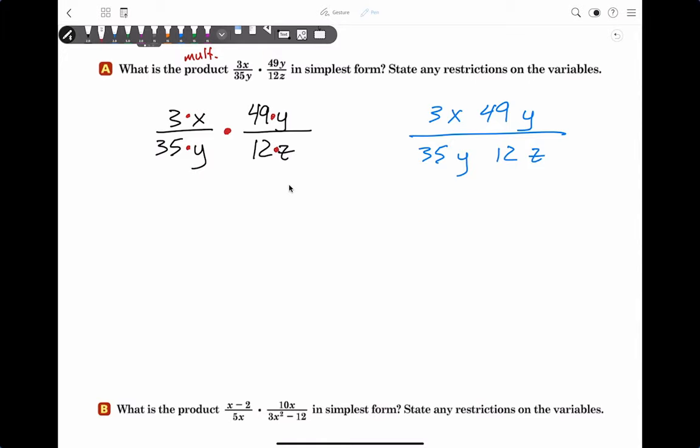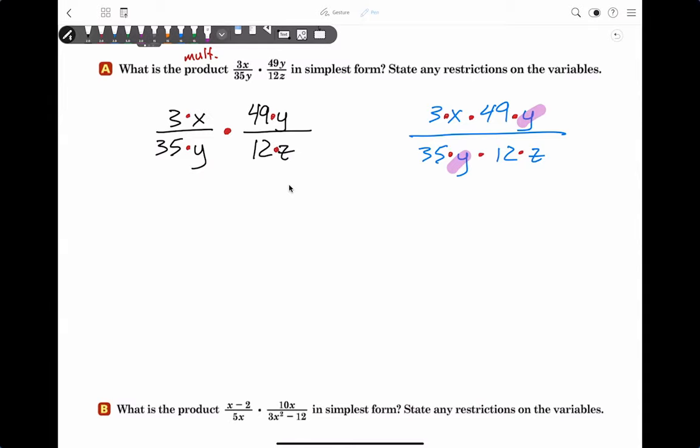Everything is glued with multiplication there, there, and there. So really, I'm just looking at one huge fraction. Because multiplication exists between the pieces, I can cancel that form of 1 right there. So those y's are gone. And then I start to see other pieces that I can reduce or cancel.